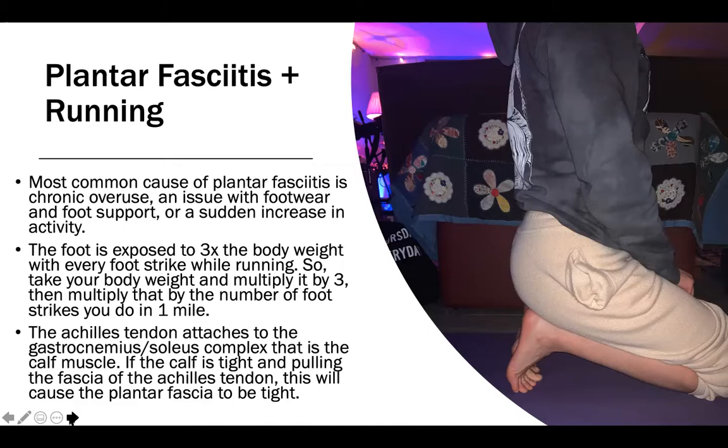So the feet take on a lot, and we put a lot of work into them. The last thing is the Achilles tendon, which is attached to the calf muscle. If that is tight, it will pull up on the calf and pull up on the bottom of the foot, causing the plantar fascia to be tight. So if your calves are tight, which is really common in walking, running and standing, it could also cause plantar fasciitis.